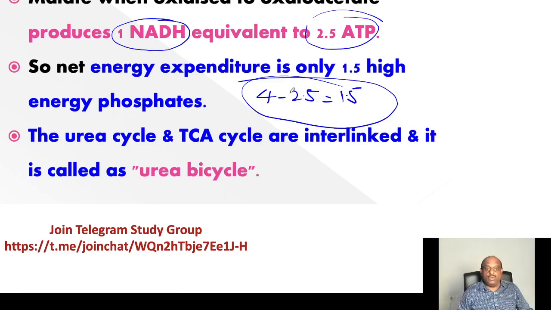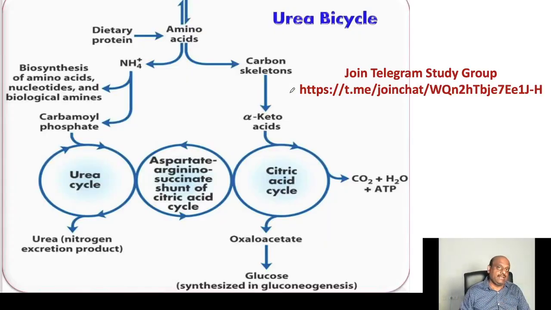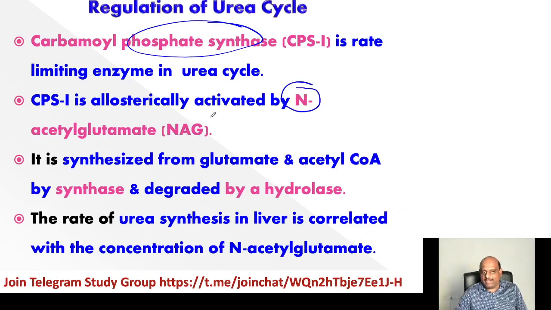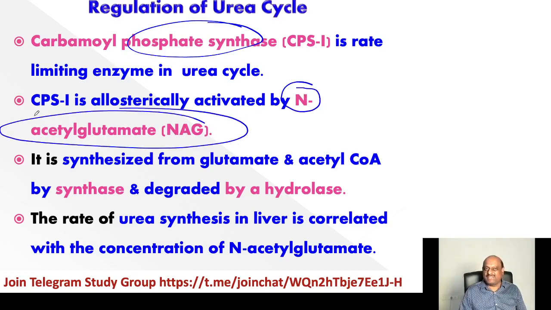And always remember, urea cycle and citric acid cycle are connected with one another, and that is called the urea bicycle. So let us finally look at the regulation of the urea cycle. Carbamoyl phosphate synthase 1 is the rate limiting enzyme. It is allosterically activated by N-acetyl glutamate.